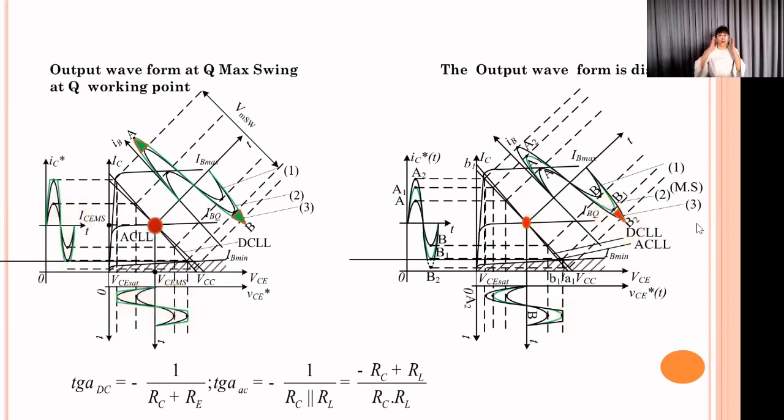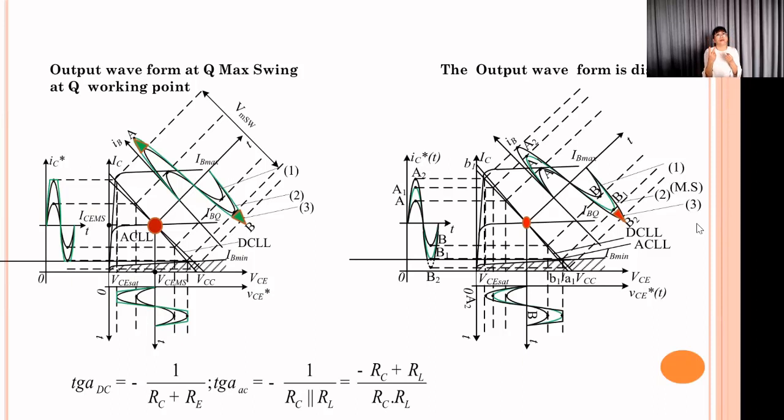In general, this is the form. Don't worry, thinking oh, this is difficult. When you read the evaluation, you only choose one line, one input signal. This is a form: drawing the output waveform at the Q point, and drawing the output waveform at the Q point with distortion.